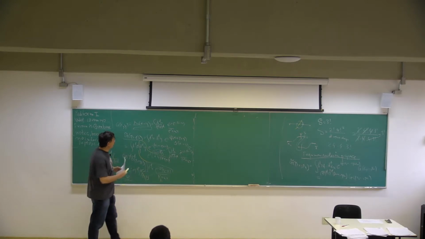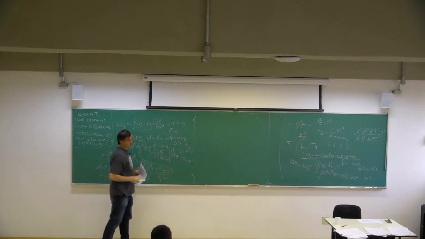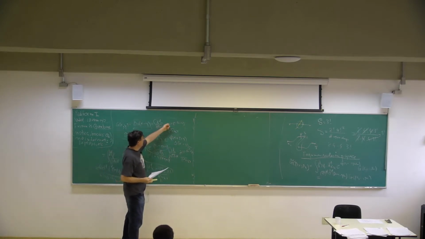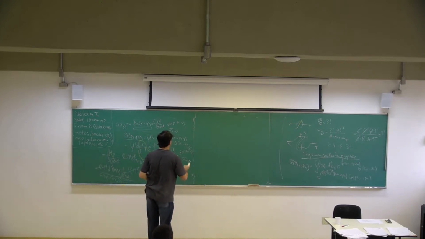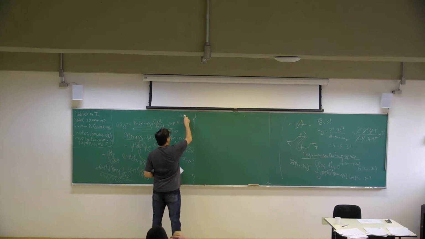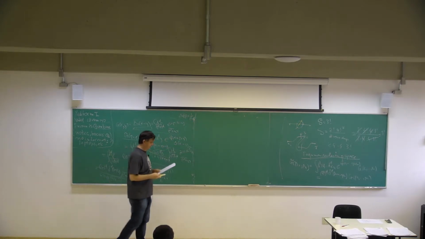I mean, that was kind of obvious from the form that we wrote initially. This was an explicit Fourier transform of the propagator. So delta of p is now 1 over p squared plus m squared. Okay?